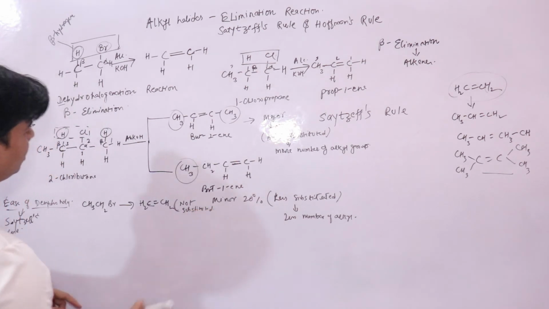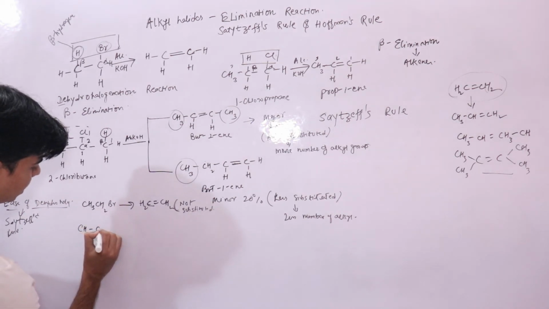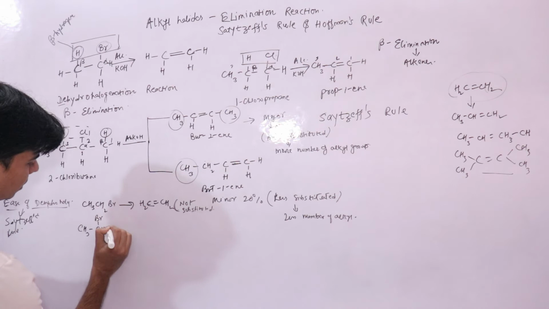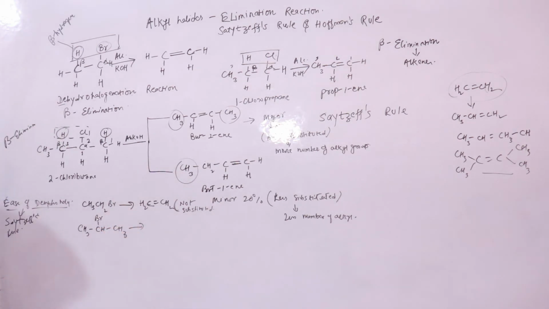Now if I take a different halide, let's take 2-bromopropane, CH3CHBrCH3, right? So in this case, a more substituted alkene would be formed.